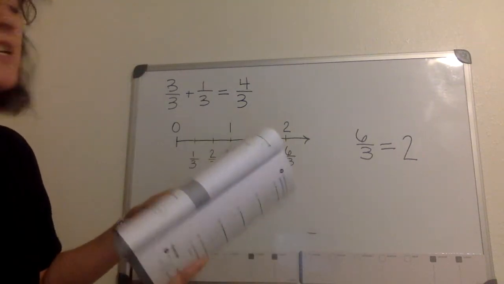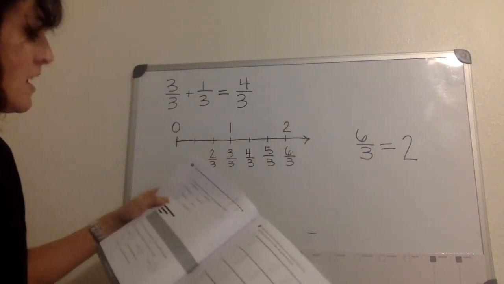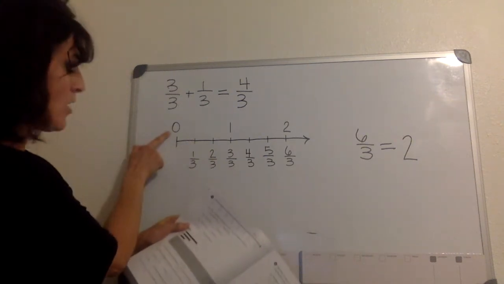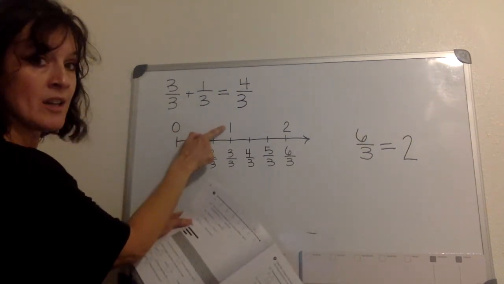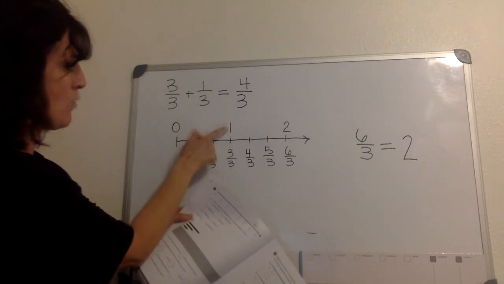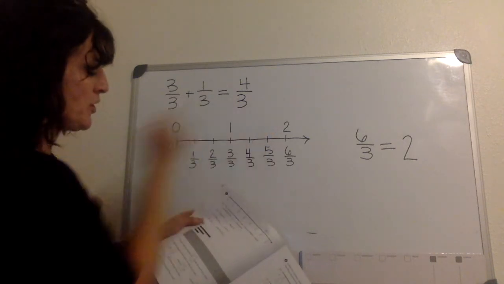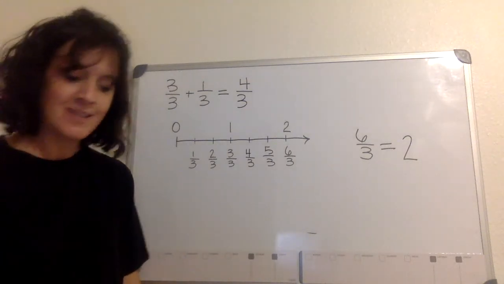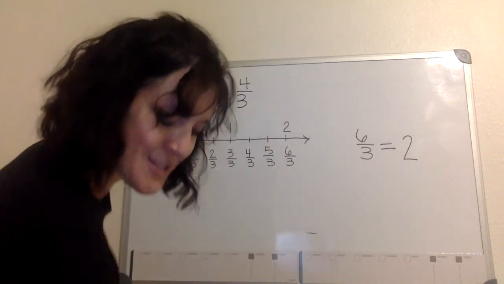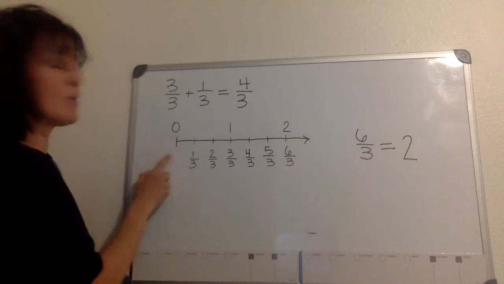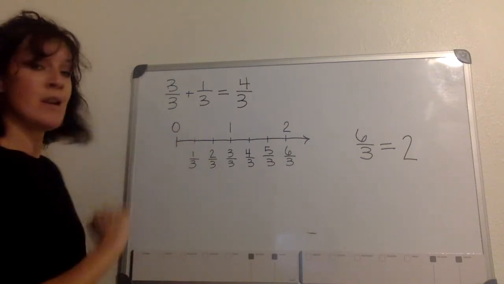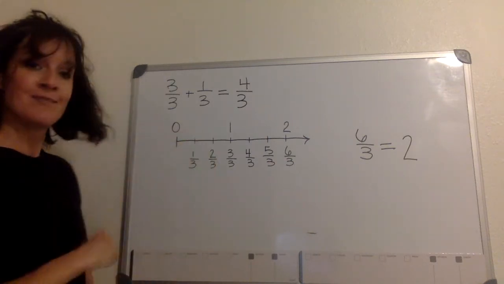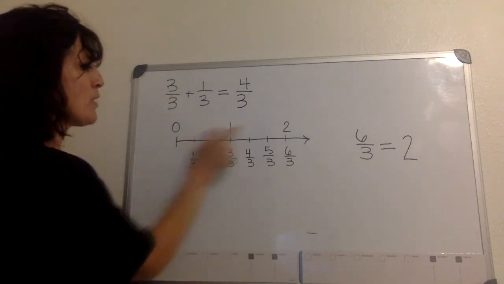The first question in number 3 says, the number line between 0 and 1, and also between 1 and 2, is divided into how many equal parts? All right, well, we just talked about that. How many equal parts are in between 0 and 1? 1, 2, 3. And how many in between 1 and 2?